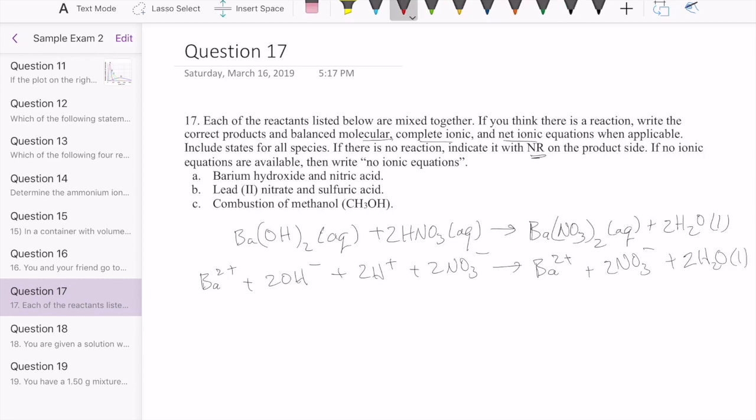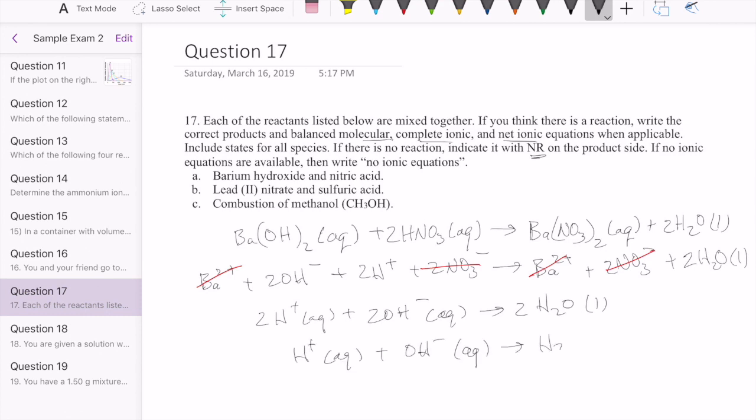The spectator ions in this case are barium and nitrate, and so the final equation is just 2H+ aqueous plus 2OH- aqueous forming 2 water. Or you can also simplify this by just writing H+ plus OH- going to water liquid.